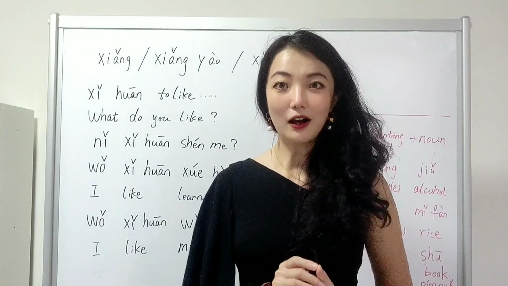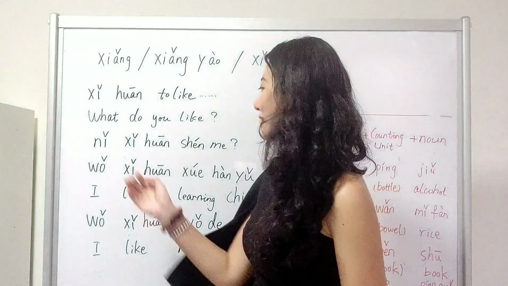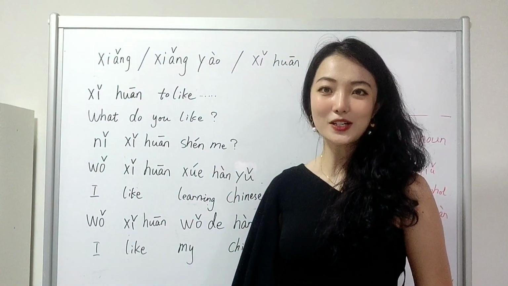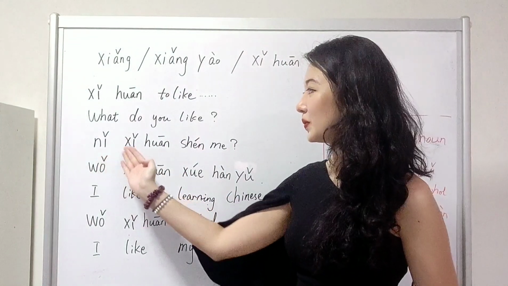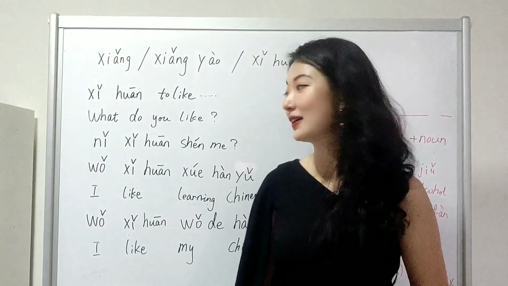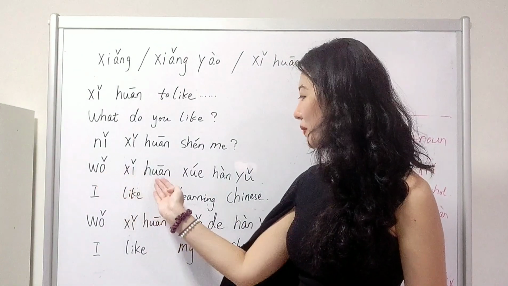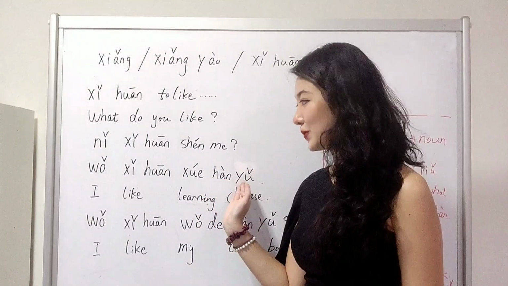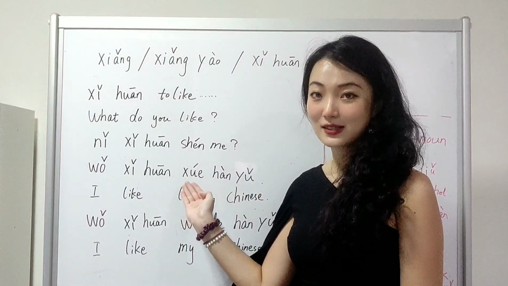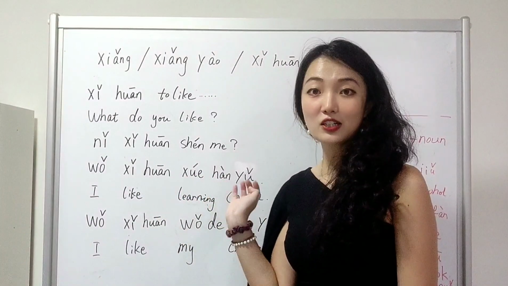Have a guess how to ask this question in Chinese. 你喜欢什么, right? You like what? That means what do you like? The answer, the first example is 我喜欢学汉语. I like 学 studying 汉语 Chinese. I like learning Chinese.